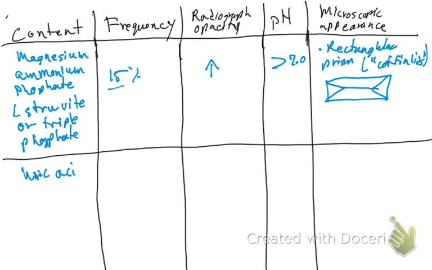Uric acid is low in percentage, but not super low.